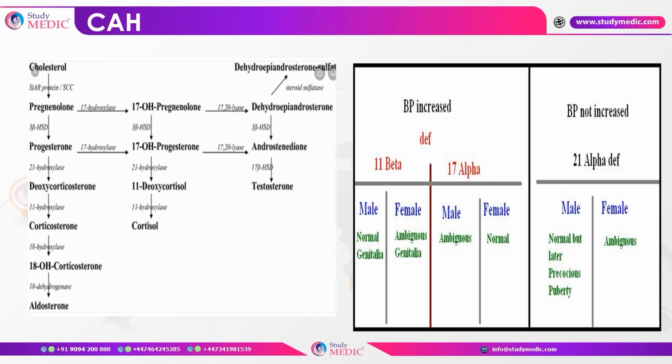Because there is an excess of mineralocorticoids, this deficiency is not diagnosed immediately at birth. It gets diagnosed a little bit later on. Because of the excess mineralocorticoids, it leads to hypertension.